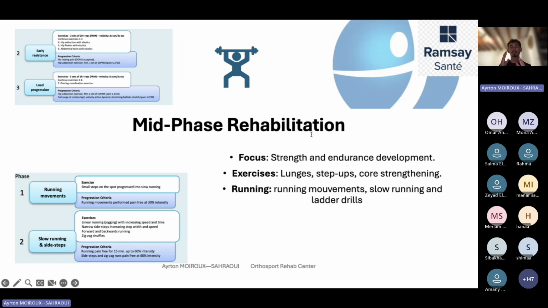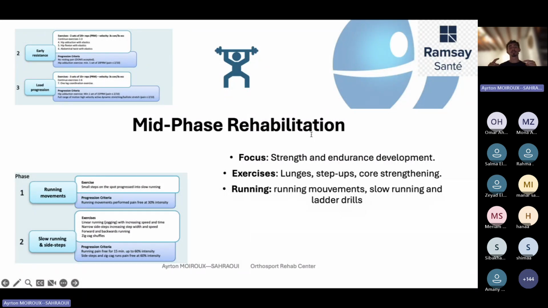So for him to be able to change direction and be the player that he needs to be, you guys have the role of putting weight and preparing the patient for that.